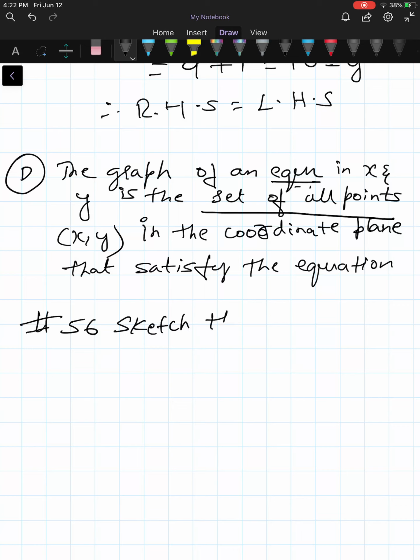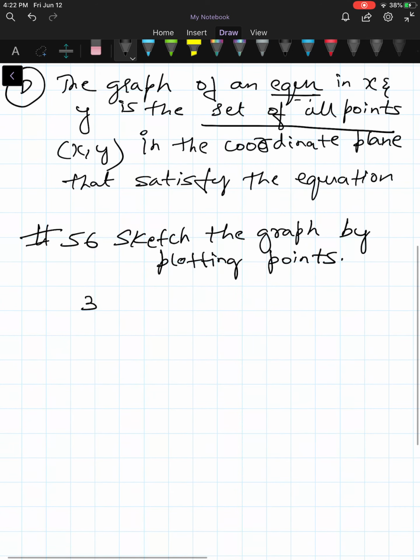Sketch the graph by plotting points. The given equation is 3x minus 5y is equal to 30. Now I have to express either x in terms of y or y in terms of x.